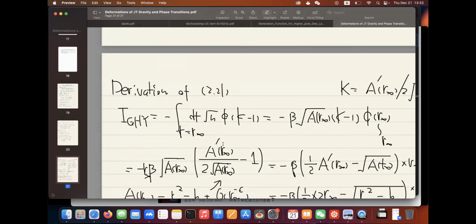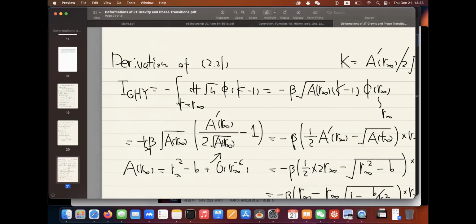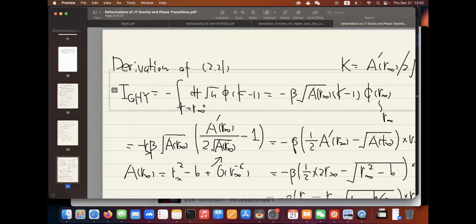Then you can compare the expression you got for the free energy to its definition. Its definition for the free energy F is equal to E minus TS. And you will obtain the expressions for the energy and entropy. This is the whole story. Let's try to derive it.